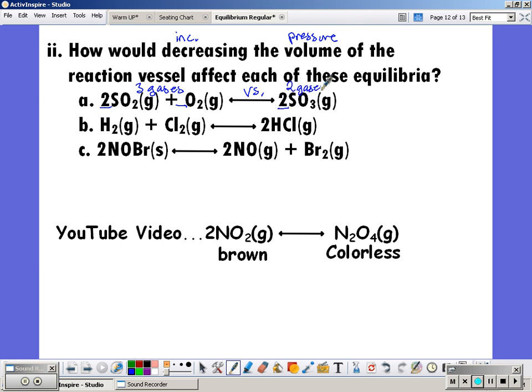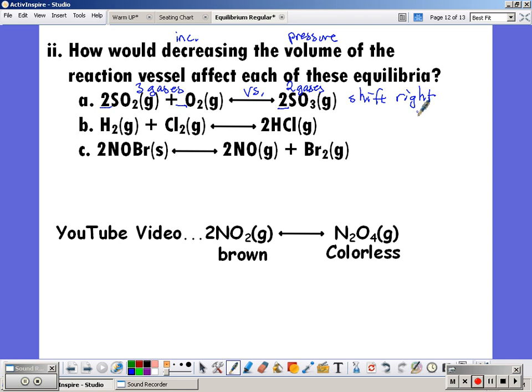So if I increase pressure or decrease volume, I want to shift to the side that has fewer moles of gas. So I'm going to shift to the right. That would mean SO2 would decrease, O2's concentration would decrease, and SO3's concentration would increase.